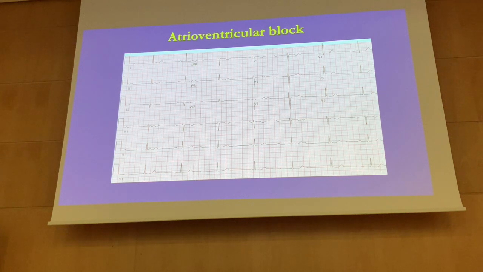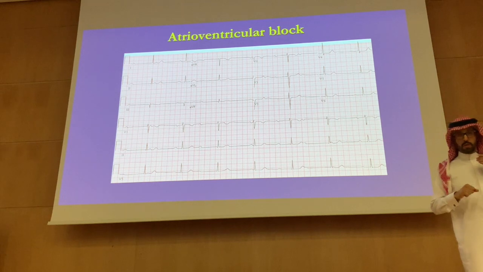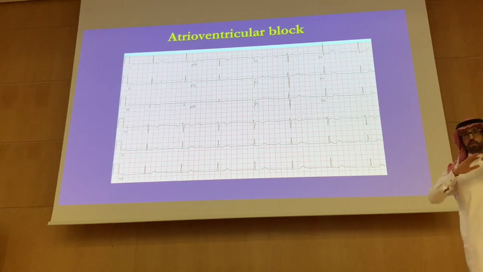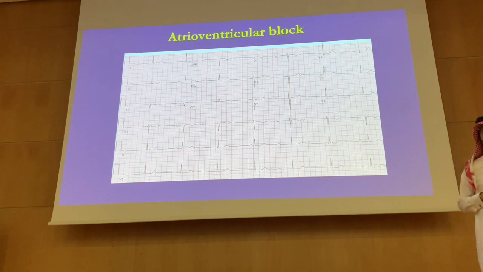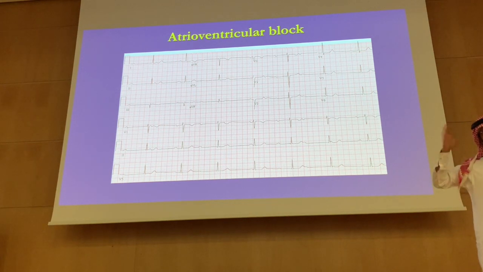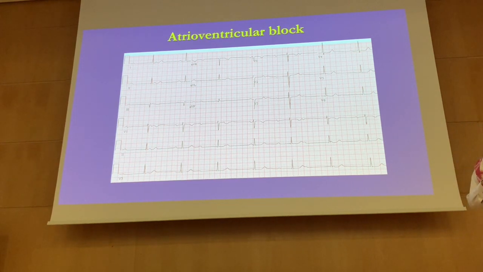What does it mean? Can you guess? Exactly. So the definition is complete dissociation between the atria and the ventricle. The atria is contracting on their own, and the ventricle is contracting on its own. It's as if they became two organs now, two different organs. The atria is contracting alone, and the ventricle is contracting alone.